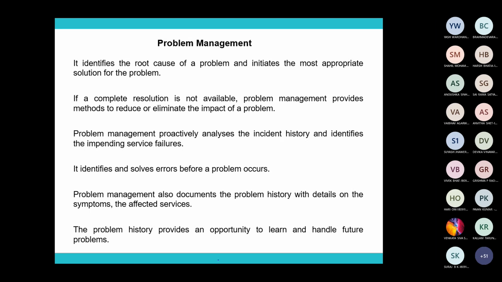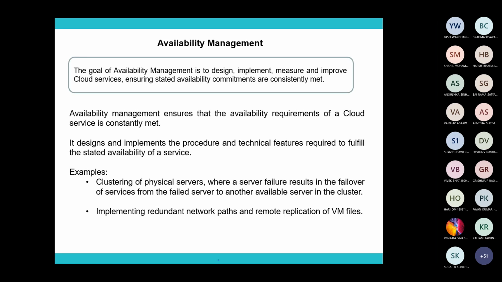Similar to incident management, this also documents the problem history. That history is used in case the same problem occurs in the future, giving information that because of this root cause the problem occurred and it was resolved using these methods and so on.